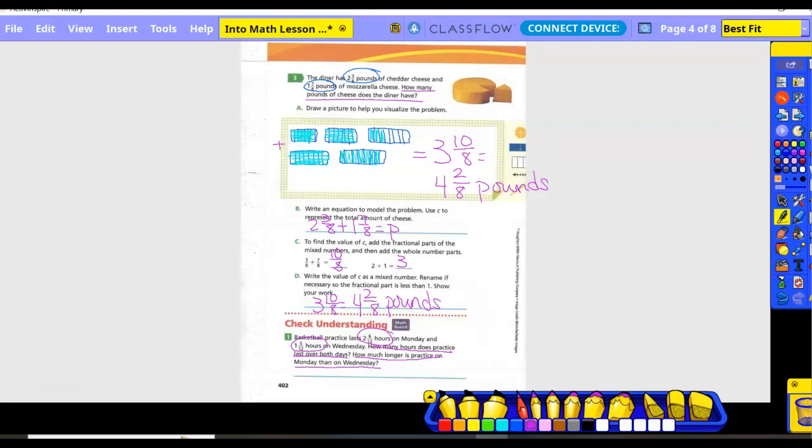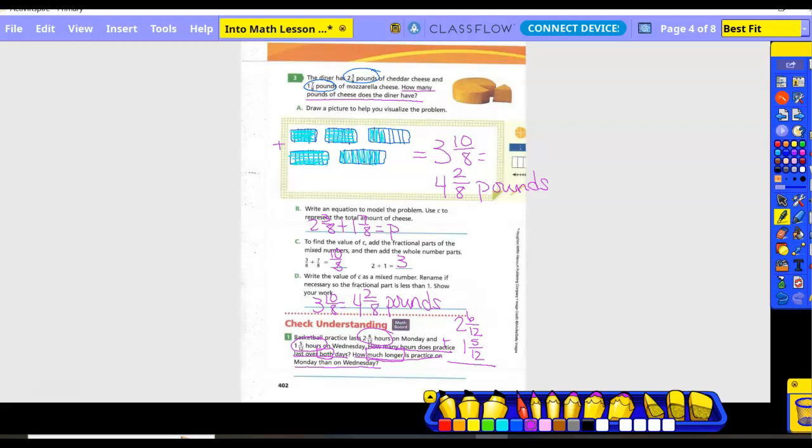What is a key word in each of the questions? Well, the first one would be both, so that tells us we're going to add, and then much longer tells us we're going to subtract. So the first one we're going to add, so 2 and 6/12 plus 1 and 5/12.